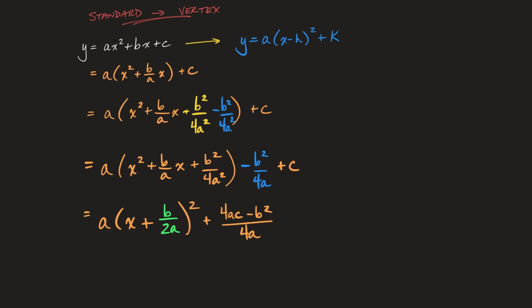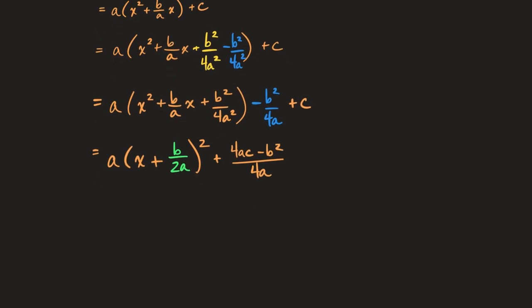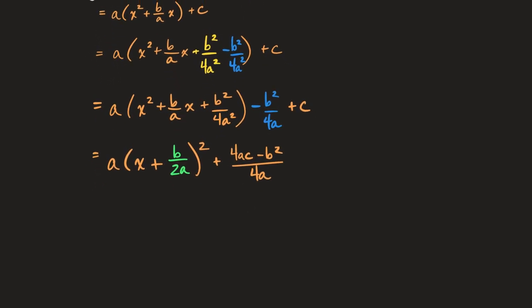Okay, what does that mean? Well, it means that's my h, that's my k. Okay, I want us to take a lot away from this, but I'm going to kind of focus it for you. If I was to look at that last orange line, I could now state that my vertex is negative b over 2a, comma, the 4ac minus b squared all over 4a.